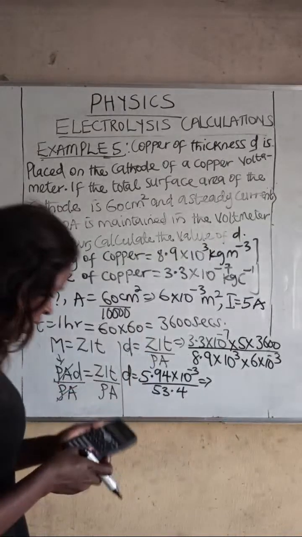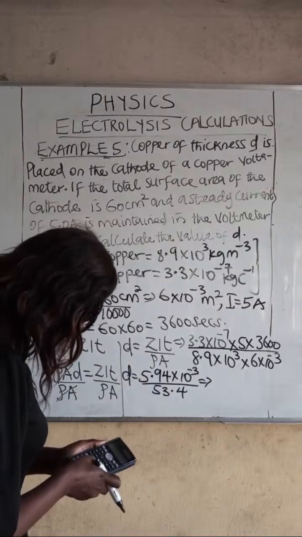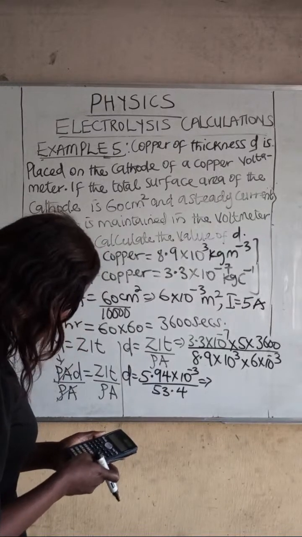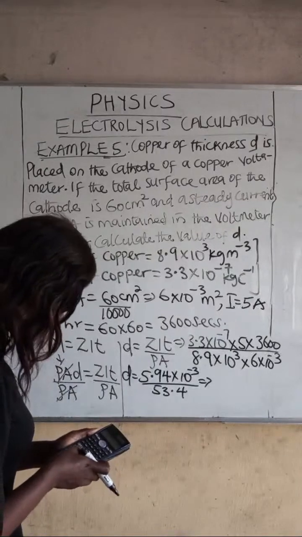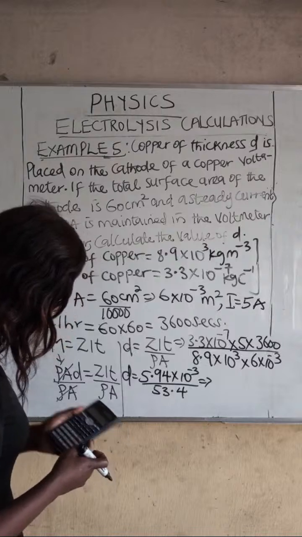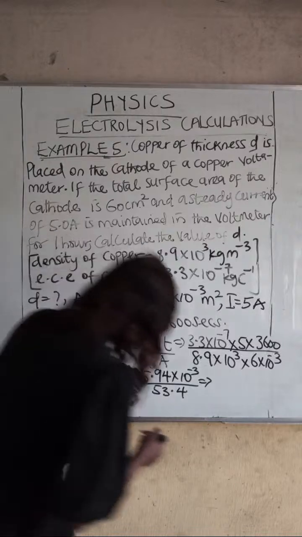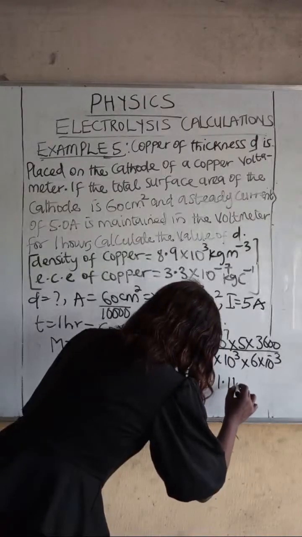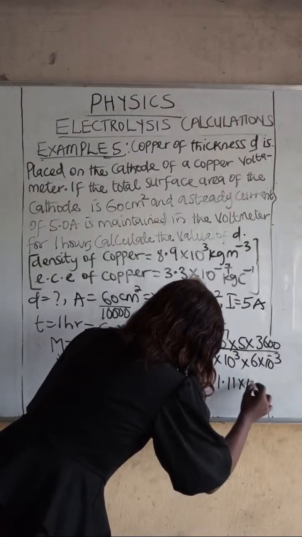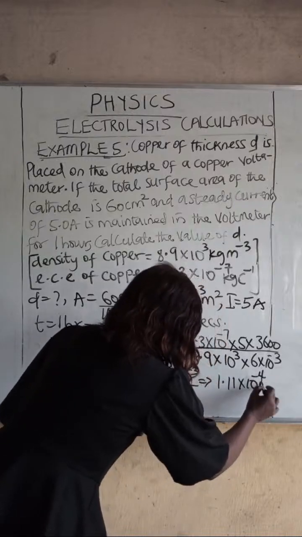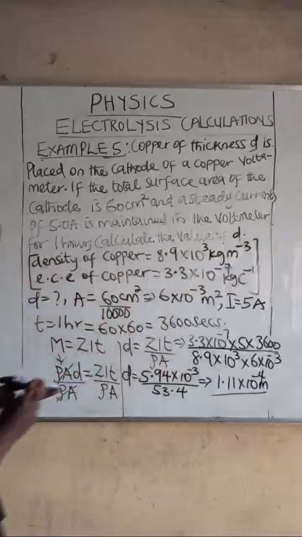So I'm going to divide by saying 5.94 exponent minus 3, okay, divided by 53.4. So my answer is 1.11 times 10 raised to the power of what? Minus 4 meters. Okay?